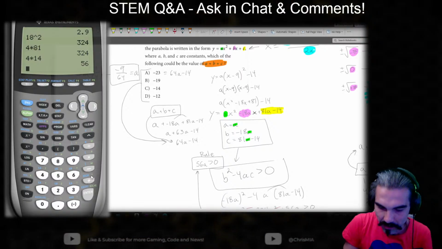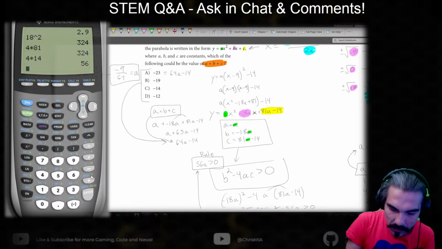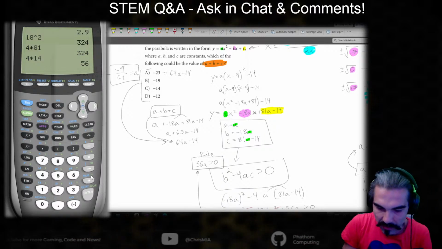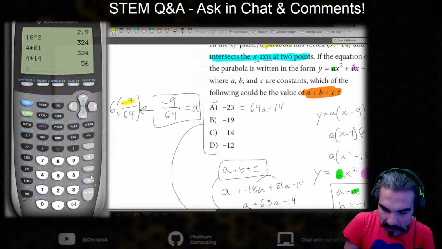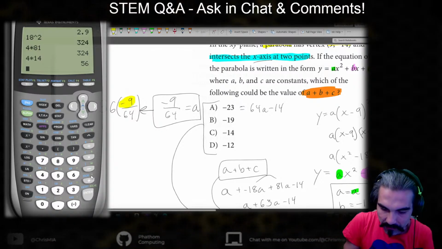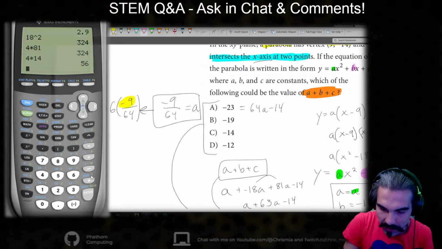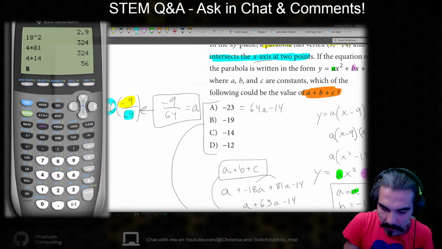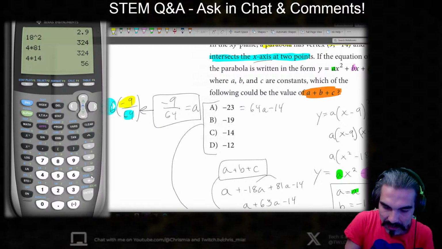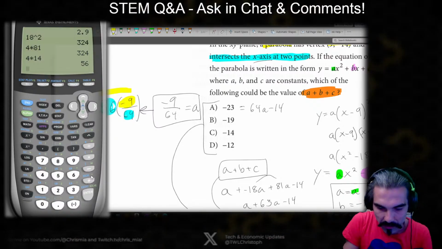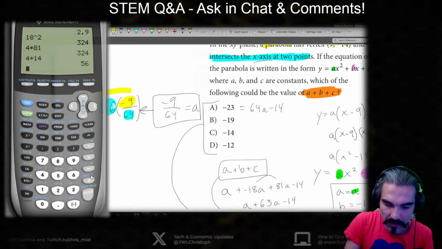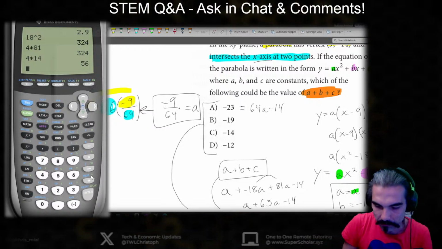It's going to be an ugly number, but we're basically trying to see if this is greater than 0. If you do a quick shorthand, it's a negative number divided by a positive number, so the whole thing is going to end up being a negative number, but a negative number is not greater than 0.